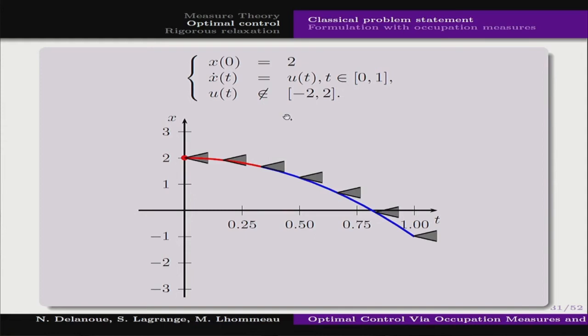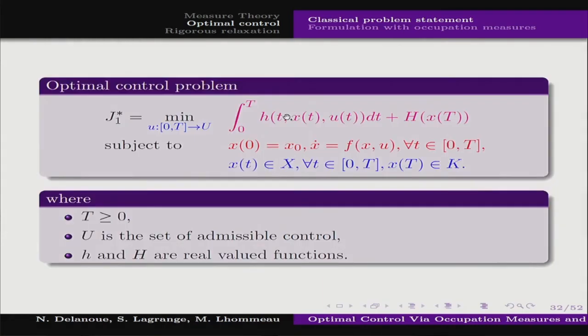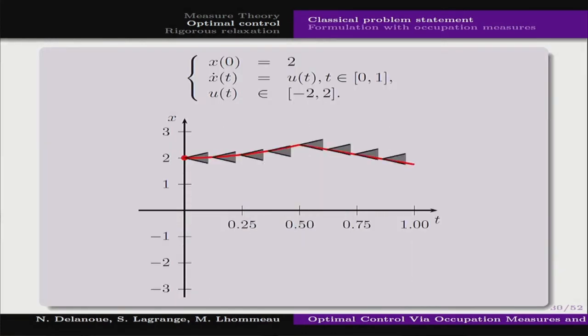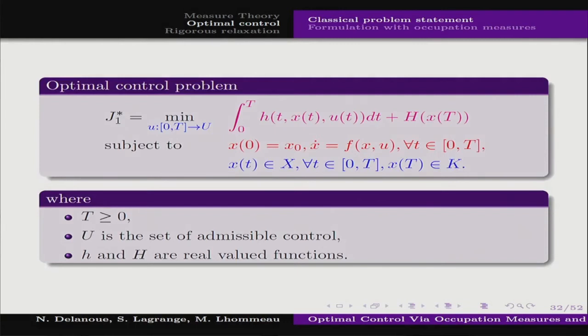So now, when I have a controlled dynamical system, sometimes you want to find a best solution. A way to write the best solution is the following. This is almost classical. So what is it here?